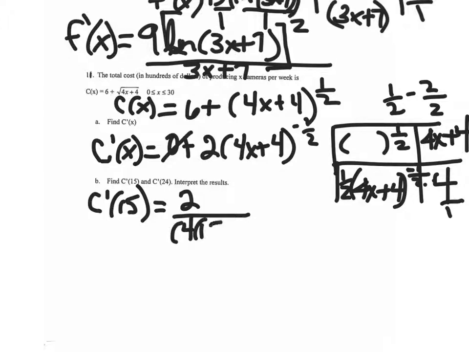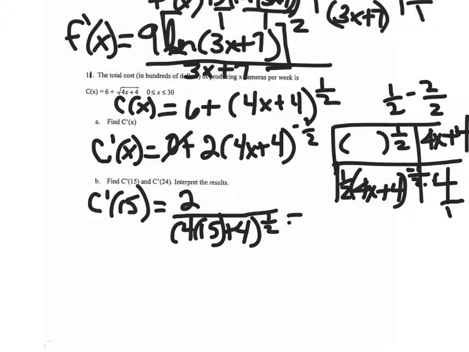Now, if it asks me to find, we'll just do this first one and then we'll quit because we're almost out of time, C prime of 15. What does that tell me to do? And then we're going to tell what that means. So if I were to put in 15 for x, I'm going to have 2, and I'm going to go ahead and put this over, and let's write this as 4 times 15 plus 4 raised to the positive 1/2 power.